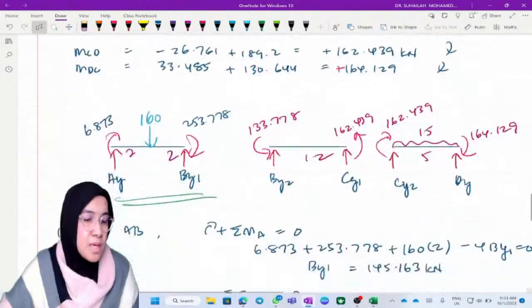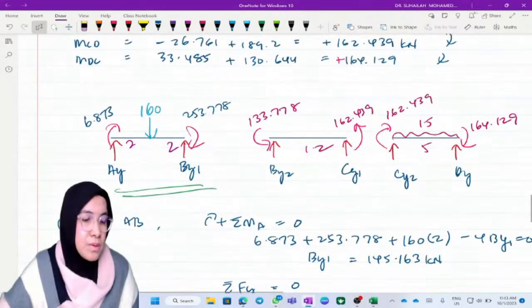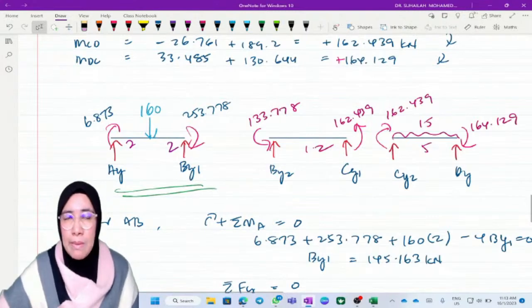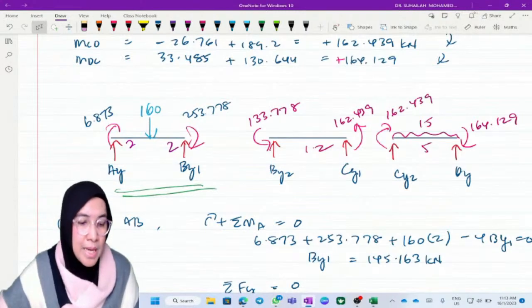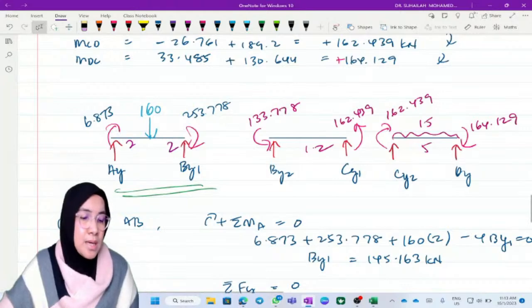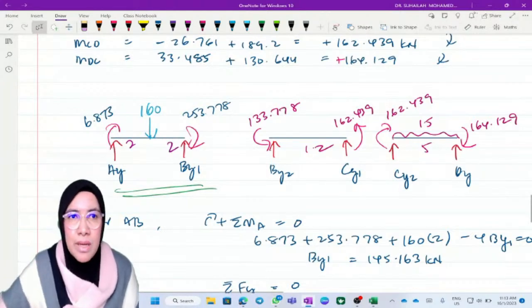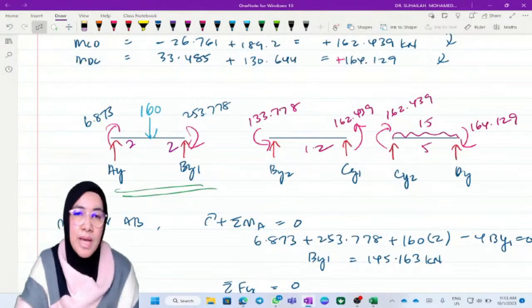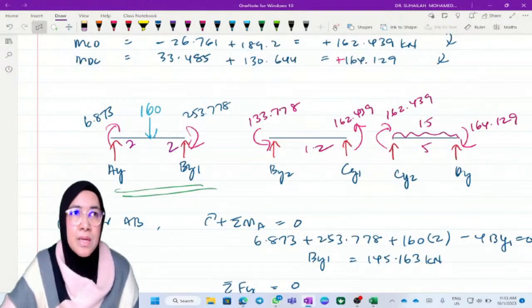We normally determine element by element, or member by member, separately. This free body diagram you can find in chapter 11 of the textbook under the slope deflection method. We are actually analyzing just like a simply supported beam.